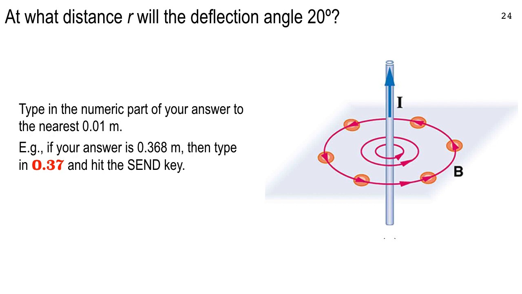And then meters and meters, but you've got to solve for R. Let me see your rig. I just did tangent of 20 on my calculator. Let's just verify what you got here. Okay, so tangent 20.